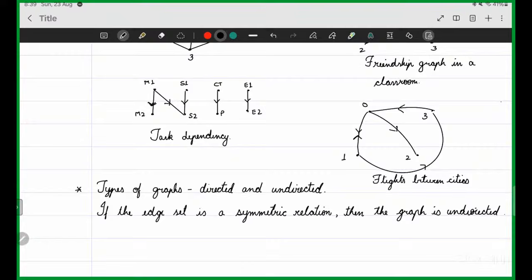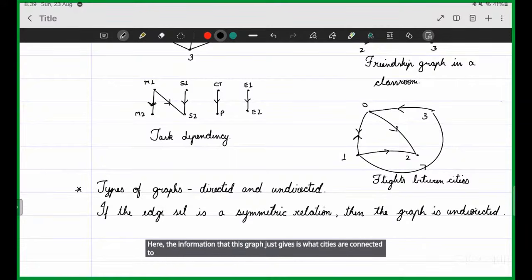In this case, let me also add one more edge between 1 and 2. Here, the information that this graph gives is what cities are connected to what cities through flights.